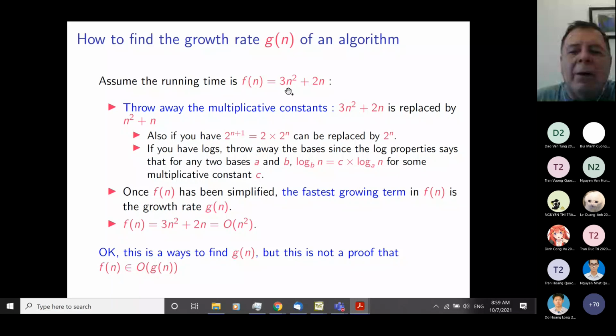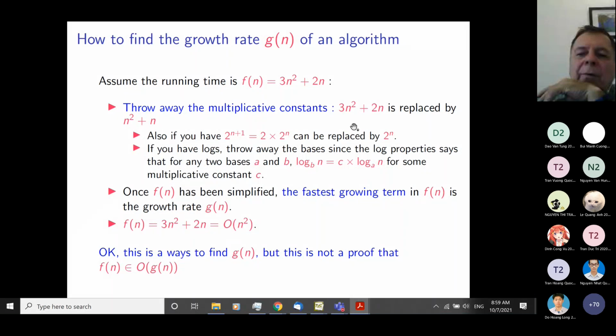So here I have a running time T(n) equal to 3n squared plus 2n. This is the running time of an algorithm, and I want to discover the growth rate of that function. So I want to discover in which class I'm going to put this function, so that this class represents the complexity of this function.